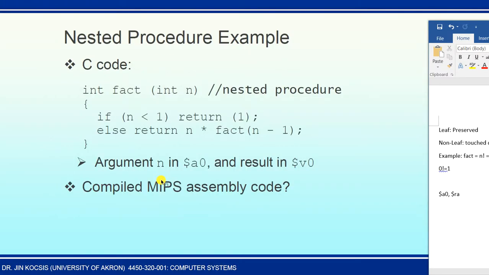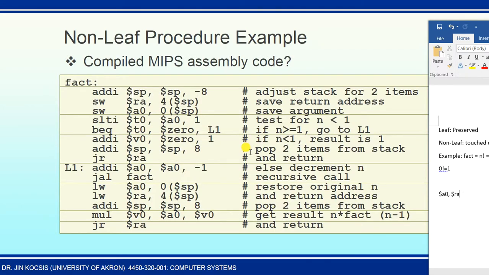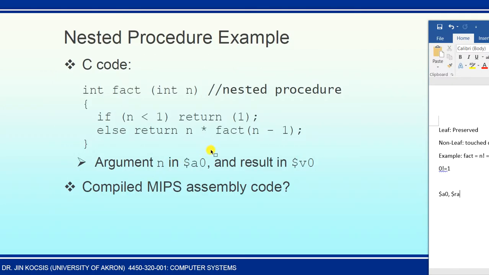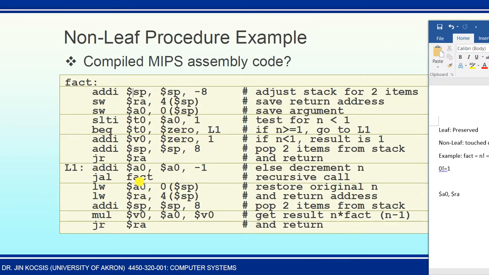After the call, you can see the return value V0 is now equal to factorial n minus 1, right? And then I need to calculate n times factorial n minus 1. Where do you find the n? N is the original value of A0, right? Therefore, you can see here I pop off the original value of A0 from the stack using load word.